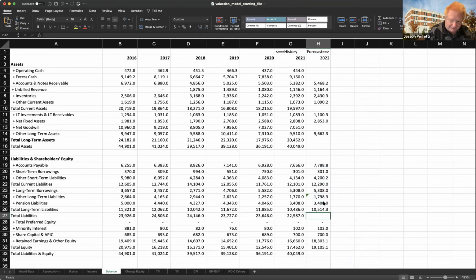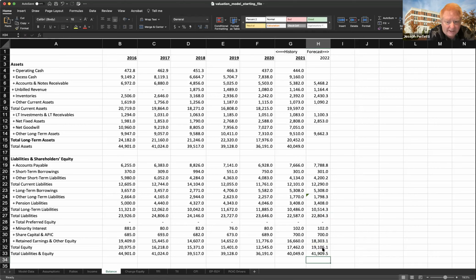For total liabilities, it's my current liabilities, H22, plus my long-term liabilities, H26, 22,804.3. And my total liabilities and equity equals H27 plus H32, 41,909.5.